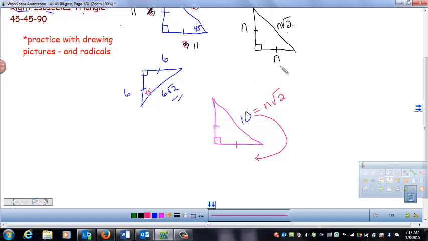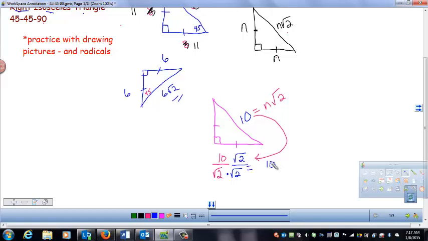So in order to get n, I have to divide by the square root of 2. So I'm going to take 10 divided by the square root of 2. And then you learned in Algebra 1 last year, you can't leave that there. So it's really easy to get rid of. You multiply by a square root of 2 in the top and the bottom of the fraction, so the numerator and the denominator.